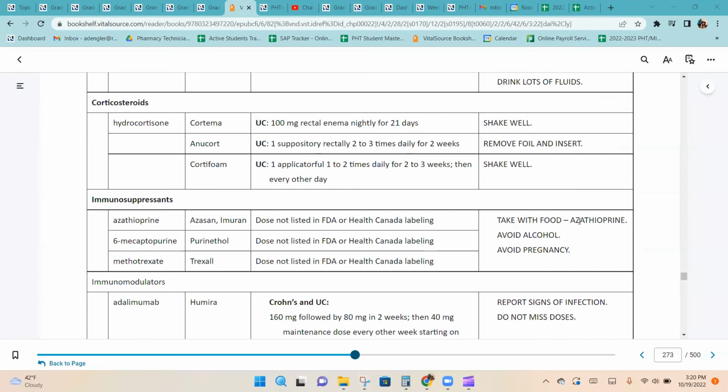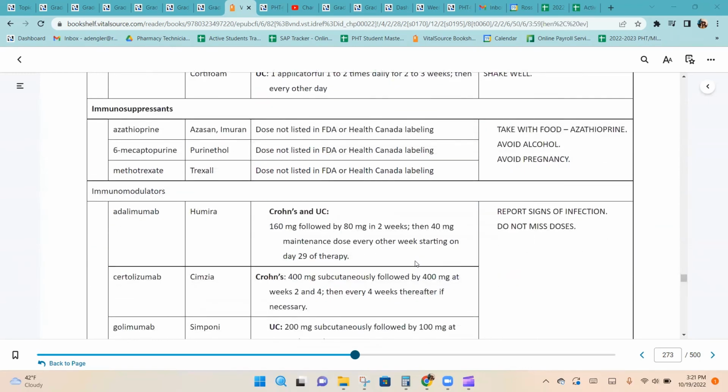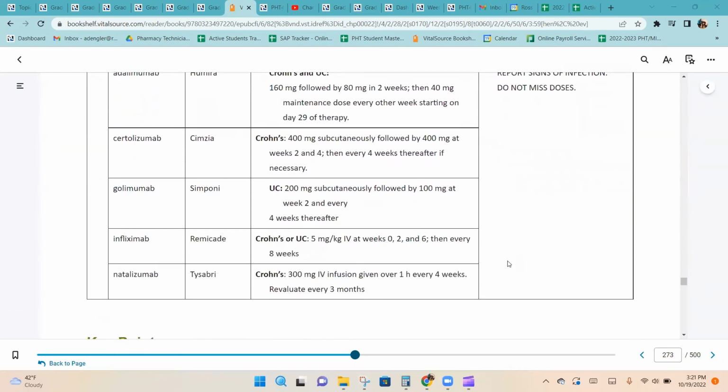And the shake well is for the Cortenema and the Cortifoam. Then for the immunosuppressants, we have Imuran, Trexall, methotrexate, 6-mercaptopurine. So for azathioprine, we want to take with food, avoid alcohol, avoid pregnancy. For the immunomodulators, we want to report signs of infections and do not miss doses.